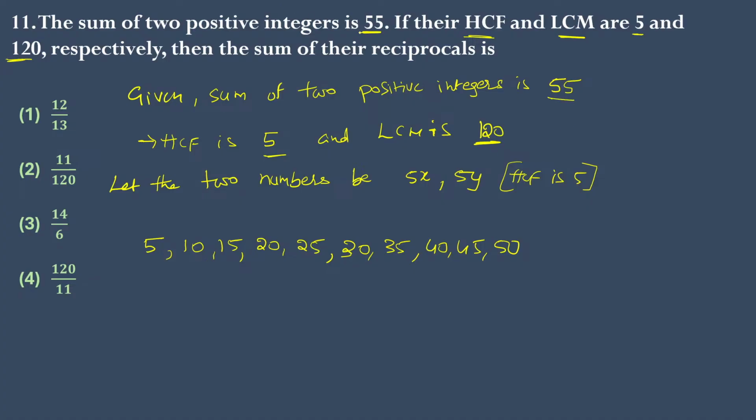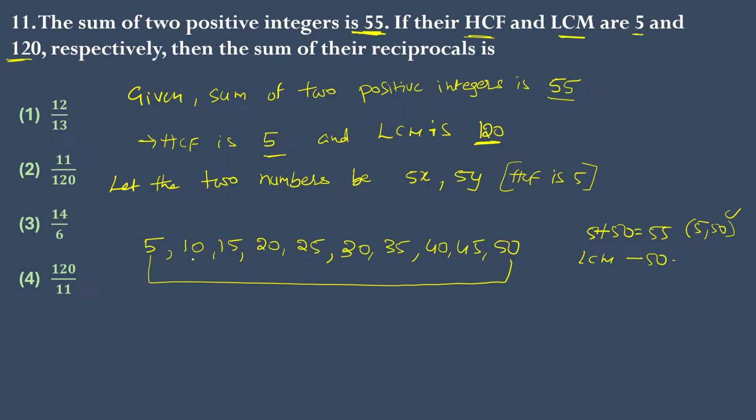The sum of the two numbers is 55. If we add 5 plus 50, we get 55, but here the LCM is 50, so 5 and 50 are wrong.